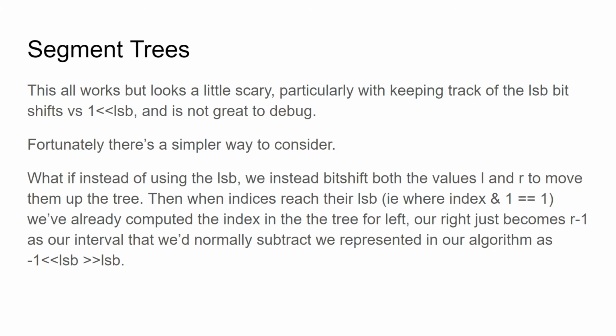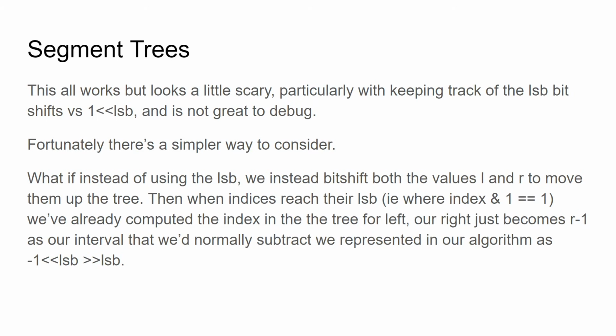Now we're only going to add values when they reach their LSB, because at that point we've figured out that they belong to the sum. Their LSB will be when they are an odd number, because that's when they've reached their least significant bit.